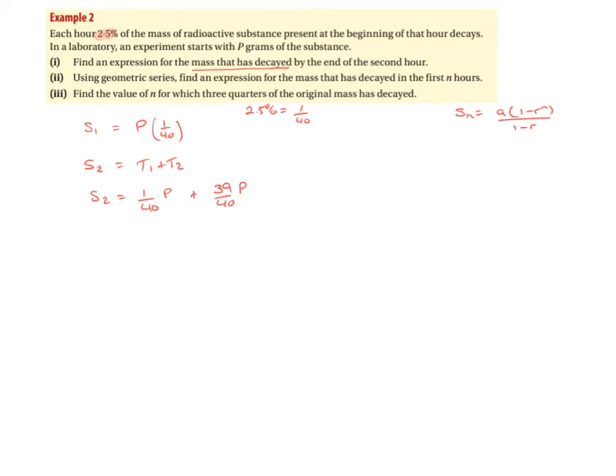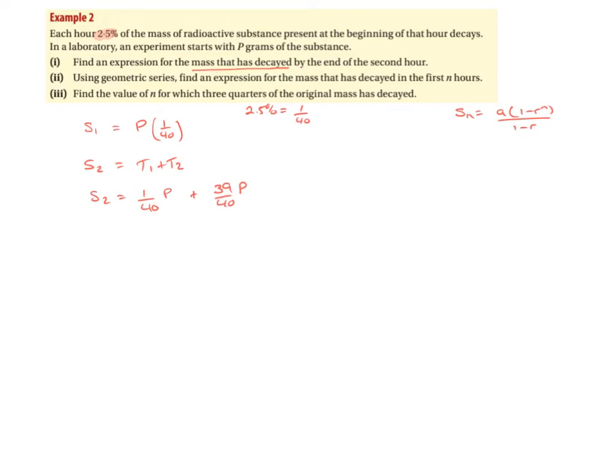That would make sense: if 1/40th of P has decayed, then 39/40ths of P has not decayed and is ready again for the next stage.